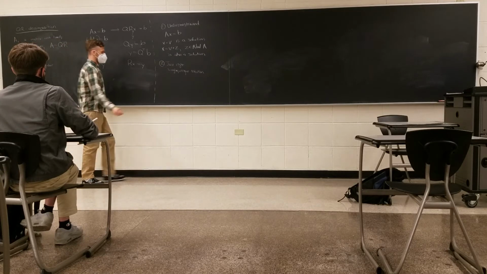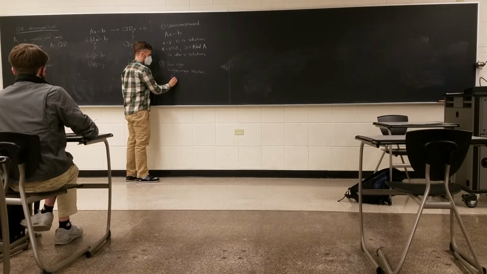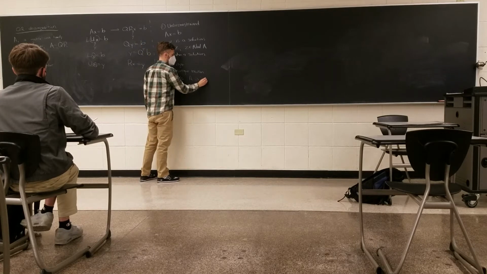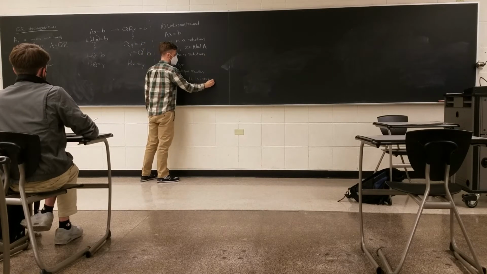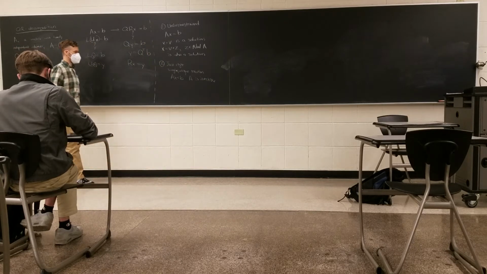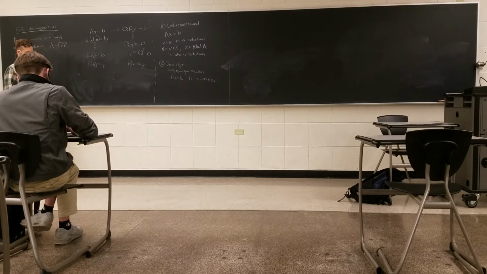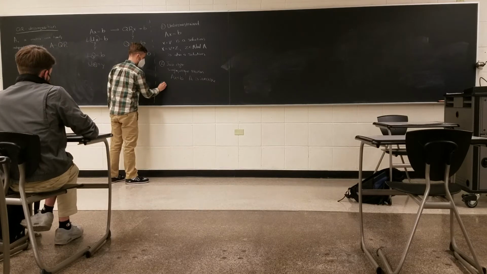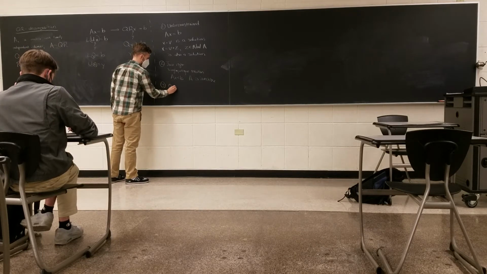And this was AX equals B, A is invertible. It's full rank. Its columns span the vector space in which we're looking for solutions, et cetera, et cetera, et cetera.